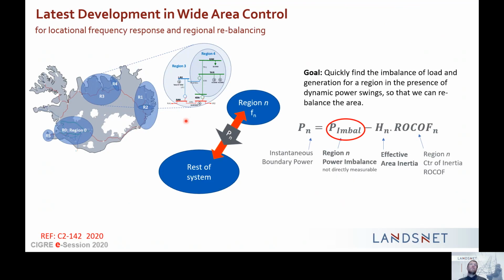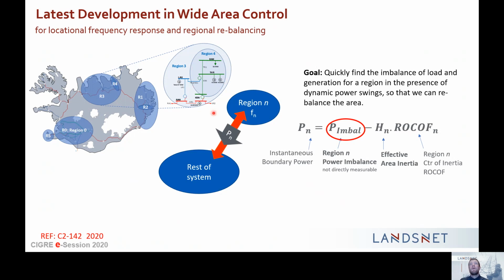In the end, I just want to show you the latest development in wide area controls. We are also looking into more powerful methods of identifying the power imbalance. So here we're looking at regions in the northeast, and here in region 4 is a small 220 kV system with 2 geothermal generators, which we could control if they go into frequency mode or not.